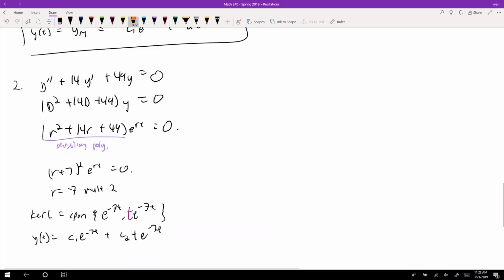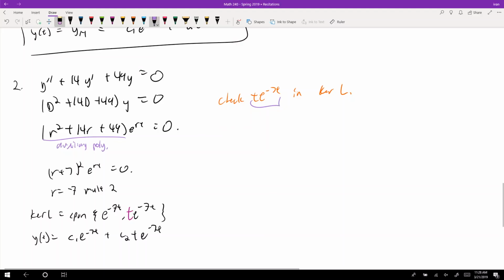In general, let's check that t e^(-7t) is in the kernel of L. So I legitimately just plug t e^(-7t) into y.